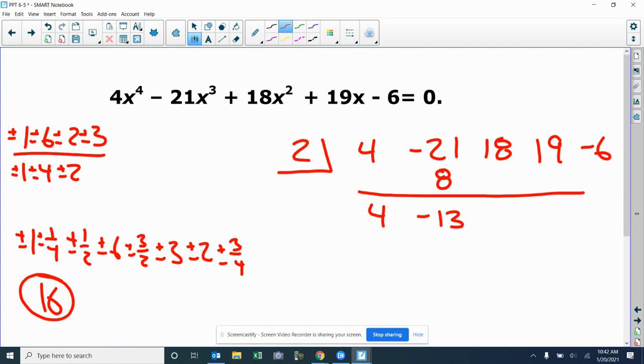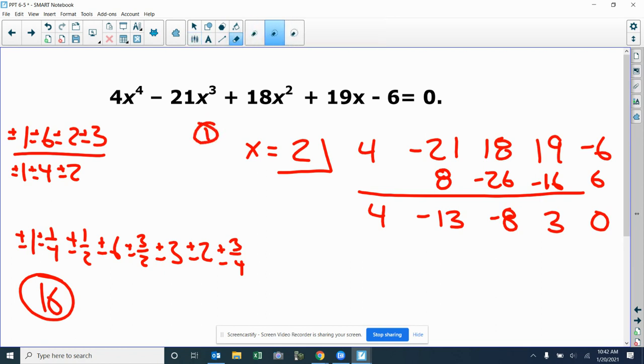That's gonna give me negative 26, that's gonna give me negative 8, it's gonna give me negative 16, that gives me positive 3. Hey, good call. I think I did my math right, did I? There's 1. So that's 1 of 4.